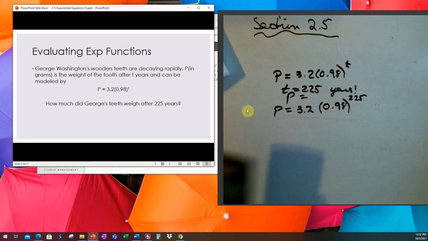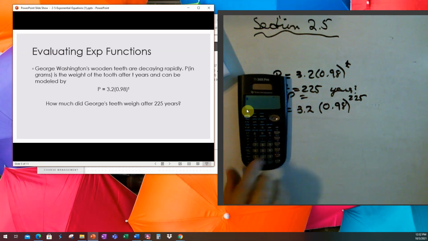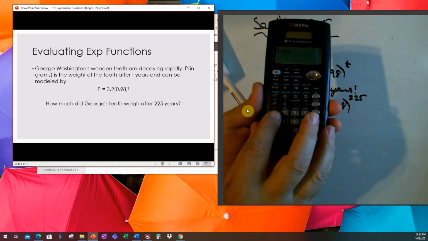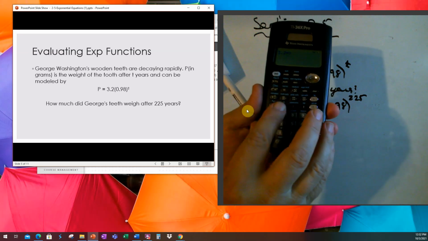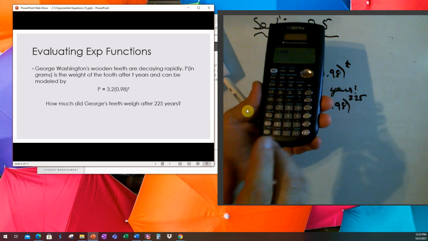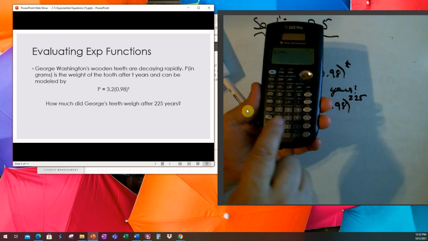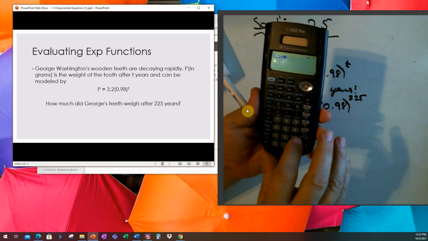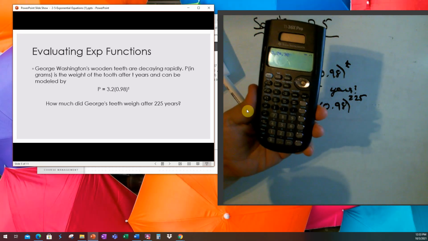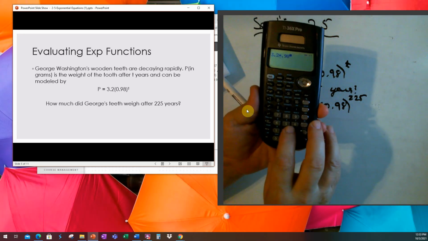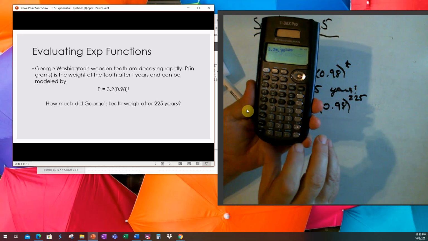On my calculator, I'm going to go 3.2, then times, and then I want to find my little X with a little box in it that says you can put anything in there. Some calculators have a little caret for the exponent, but here it's times 0.98, then I find my little box and enter 225.